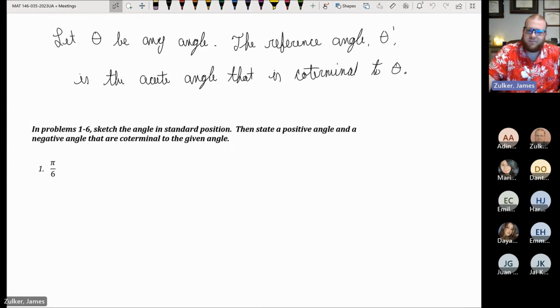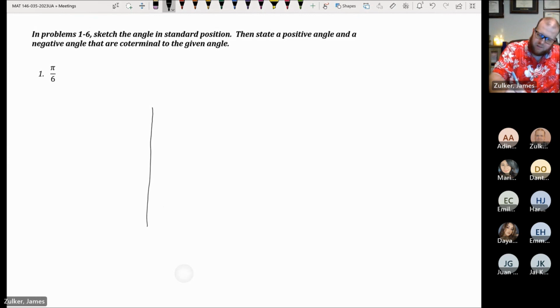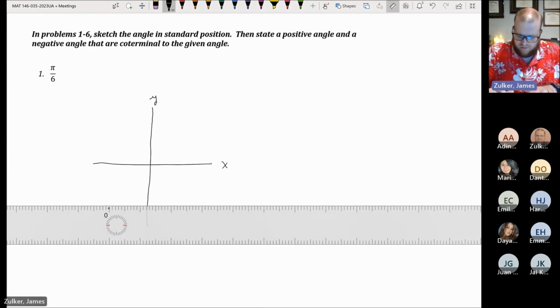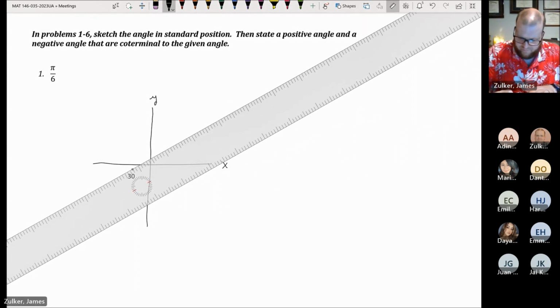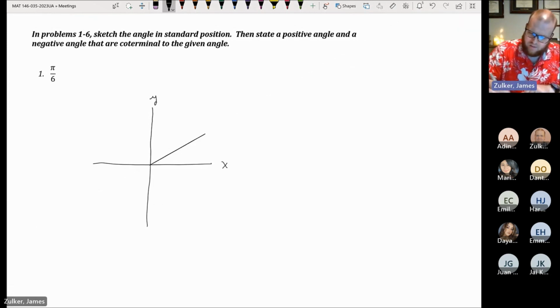All right, so we look at pi over 6. So that would be pi over 6.